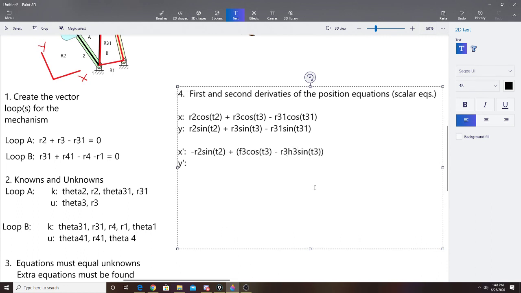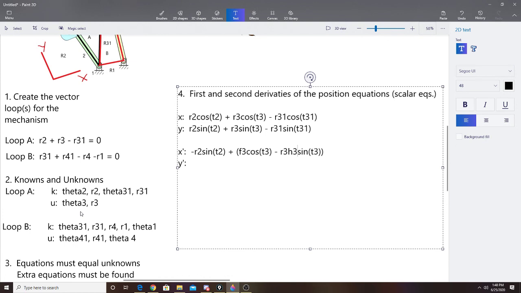So why we do F is because if you take a derivative of a vector length, so essentially it's a substitution. The derivative of a vector length that is changing is the change of that vector length with respect to the input, which is theta 2. So they would be dr3 over d theta 2, and dr3 over d theta 2 is replaced as f3.